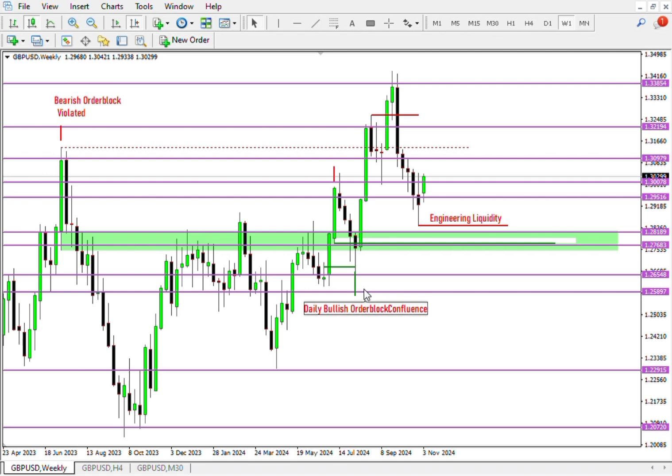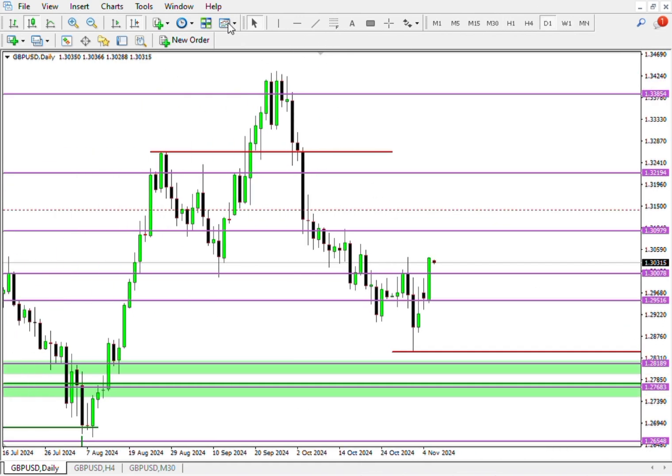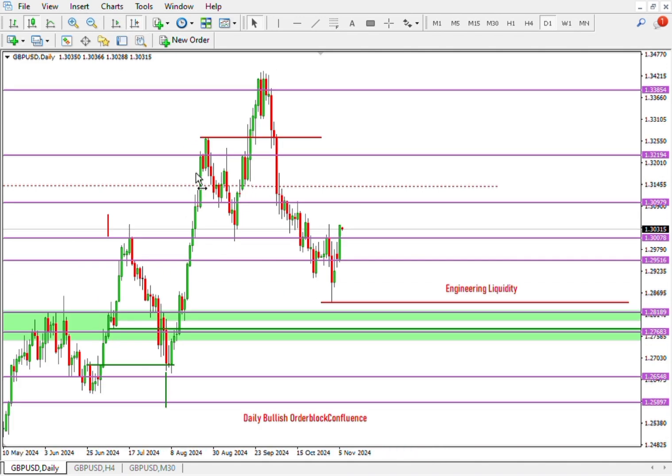The opening and the low of that order block is printed on key levels, which is also where a buy side imbalance, sell side inefficiency is going to be filled, and there's that daily bullish order block confluence that I'm speaking about, that down candle prior to the move up.